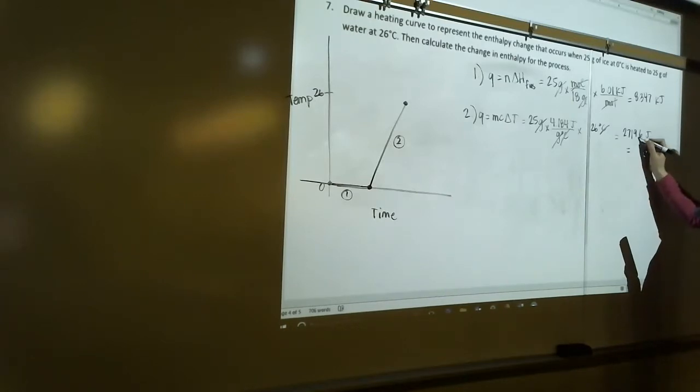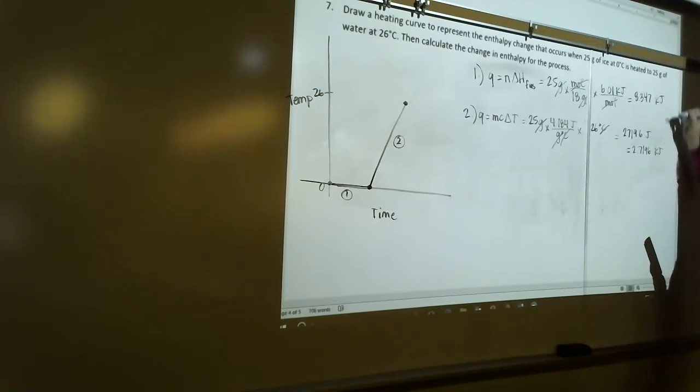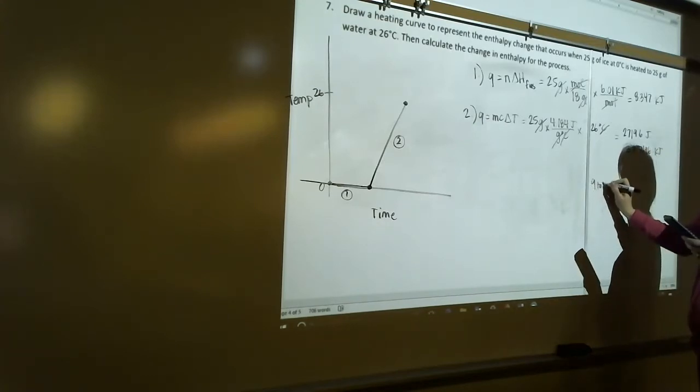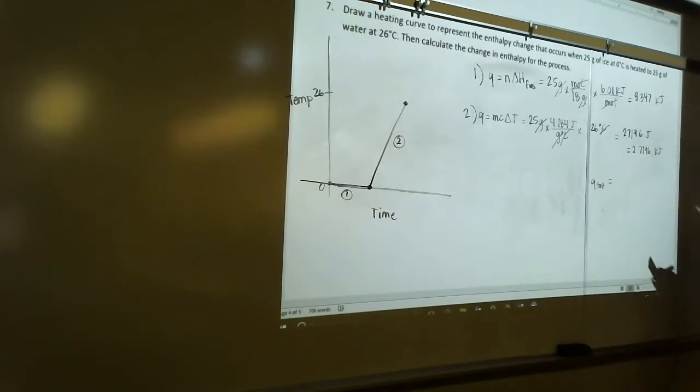How could I convert that to kilojoules? We just move the decimal 3 to the left. So 2.7196 kilojoules. Now we're in the same unit, so now we can add, right? Q total is just the sum of those: 2.7196 plus 8.347.